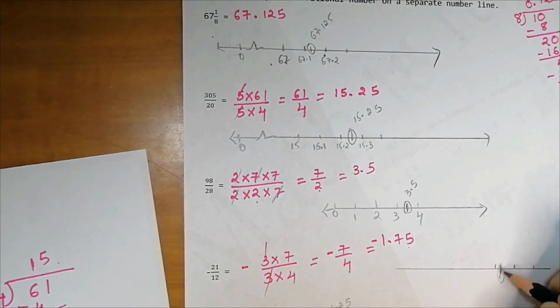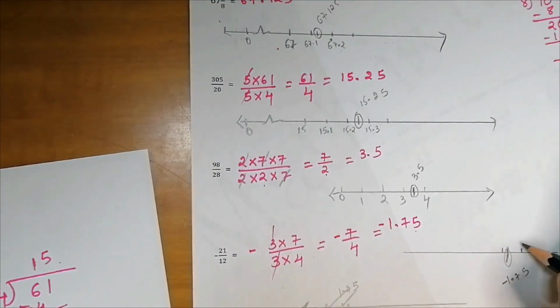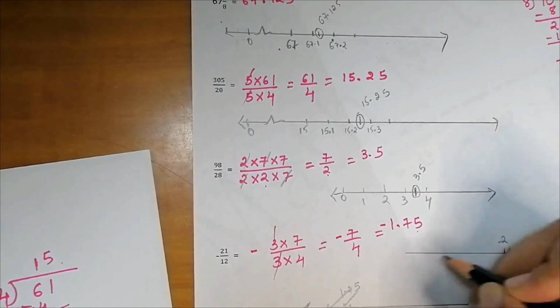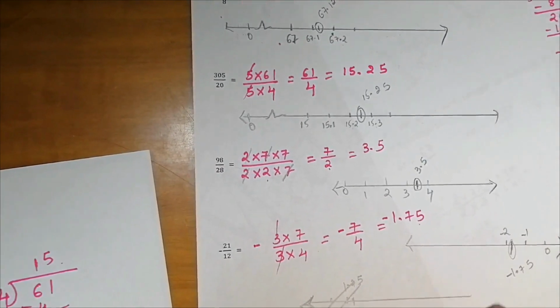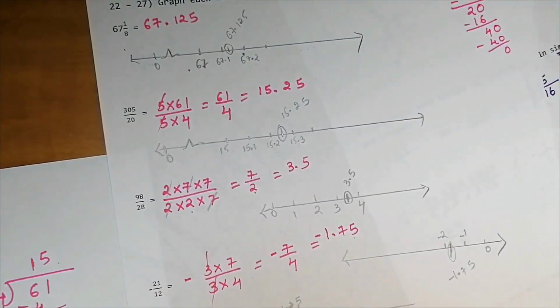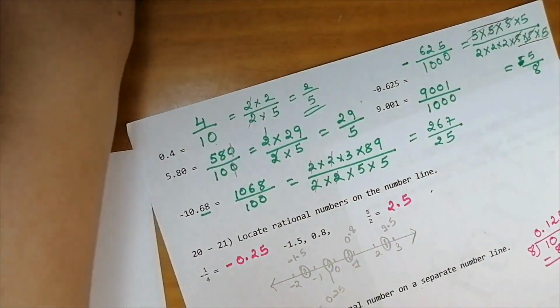So this is minus 1.75, right? This is minus 1, this is minus 2, this is 0, and this is how we would do it. Okay, I hope this is clear, easier. Remember to take units that work better for you. Okay, so we go to the next part.